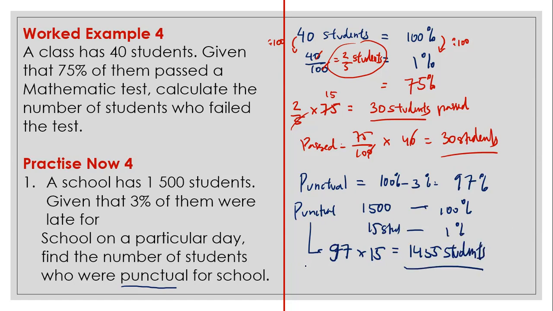Or another formula, 97 over 100 times 1,500. It's the same, see? 97 times 15. So it can be done with some formulas. I give you the freedom to choose. Okay, it's the same. Next.